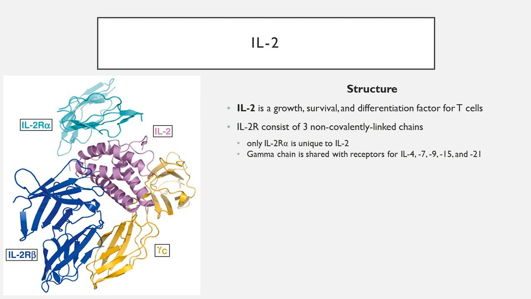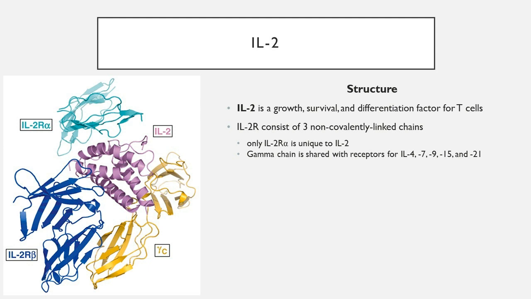Now, one of the main cytokines I want to talk about is IL-2 because of its heavy influence during the activation and differentiation of T cells. It's a growth factor, a survival factor. It's important for the differentiation of various effector T cells, and it responds to the IL-2R receptor. So this is one of those convenient cytokine receptor combinations that have the same number.